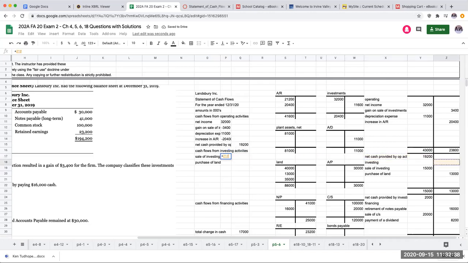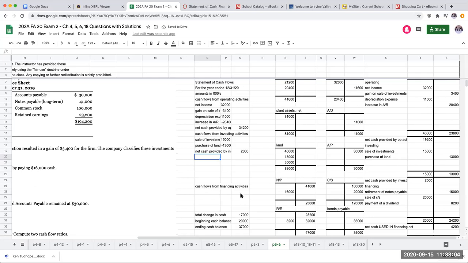So over here, and then my purchase of land is going to be a negative 13,000. So my net cash provided by investing activities is going to be 2,000.